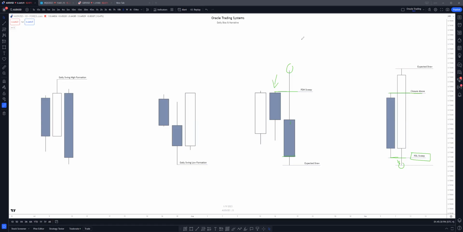So how do we understand the expected draw for the next day? Well, we have to apply this thinking into the following day. So in this case here, we have a swing high formation.